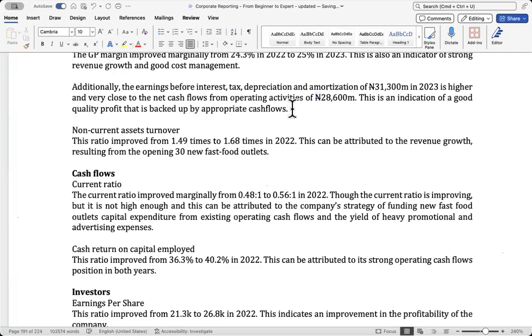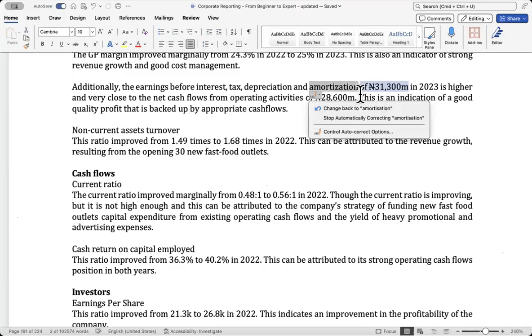So you see that this guy, I said, this is an indication of a good quality profit that is backed up by appropriate cash flows. Because he has profit of 31.3, right? And his cash flows is 28.6. They are close.